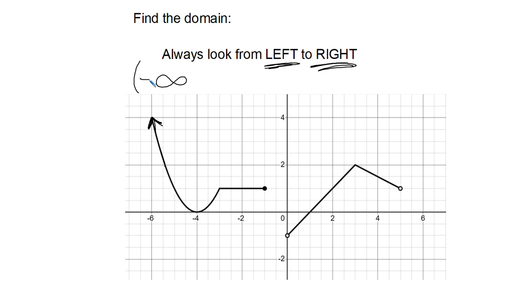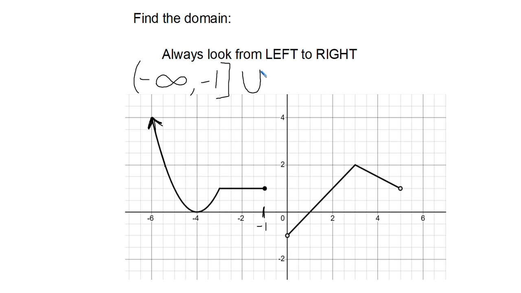And then if we follow along all the way until we get to -1, this thing is continuous. So from negative infinity to -1, but at -1 we have a break in it. And so we have to decide if it needs a parenthesis or if it needs a bracket. And because it's a closed endpoint, we need to put a bracket. Anytime you have a gap, you'll put the U, meaning union, and then you'll pick right back up where you left off.